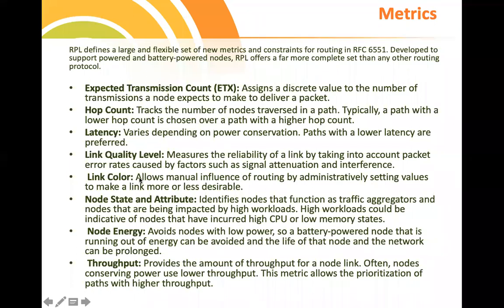And link color, this is not actual coloring, but the terminology we use. For example, for a particular transmission lane, say from source to destination, there may be n number of routing protocols, routing algorithms we may adopt. Based on that, with respect to delivering the data from source to destination, we consider which of the routing algorithms will effectively deliver by administrating the values.